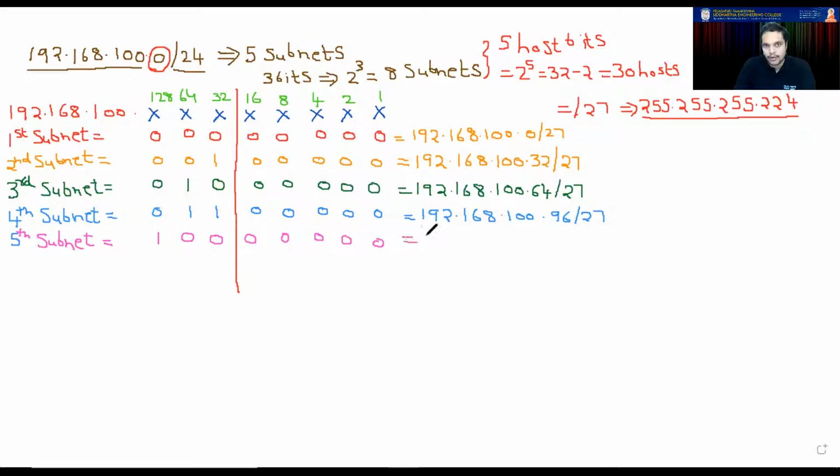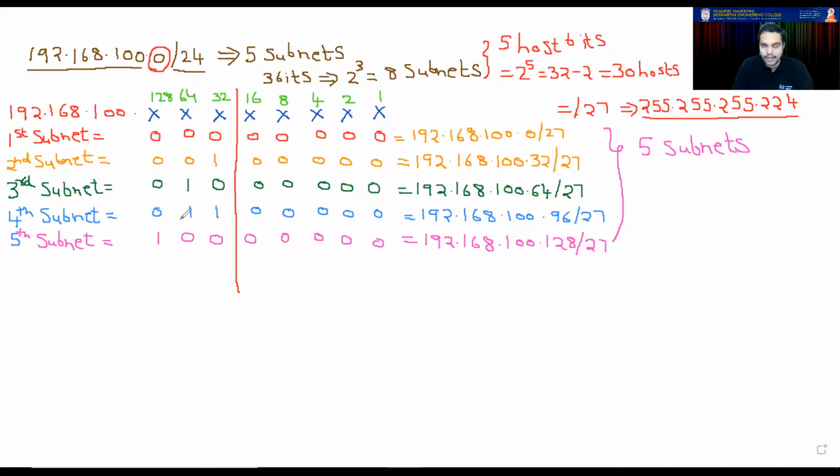Now what I will get is 192.168.100.128/27. Now I have my desired 5 subnets. These are the 5 subnets which I require for assignment of the IP addresses according to my scenario.